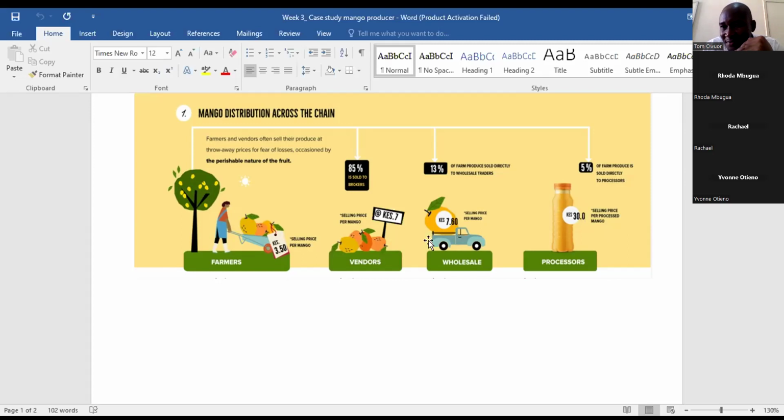1, 2, 3, 4. So it will be 8,500 times 4. That will be 34,000. No, the math is a bit wrong, isn't it?